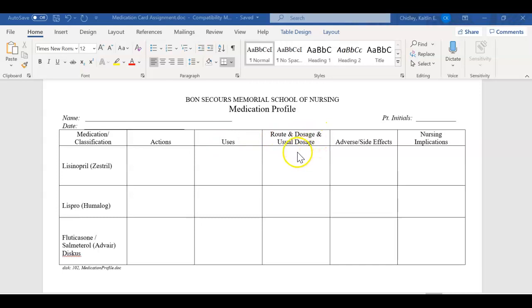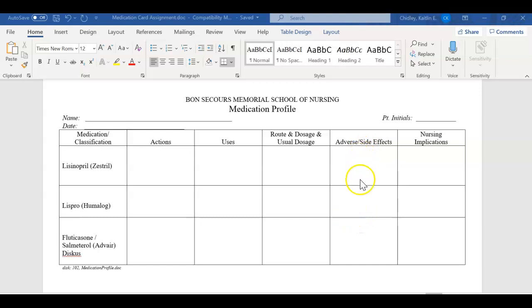Moving forward from here, you'll put the dosage that your patient is on. But for Mr. Smith, you're going to put the dosage he is on, and then you can do a range of the usual dosage. You'll be talking about side effects, and just a note on side effects here.